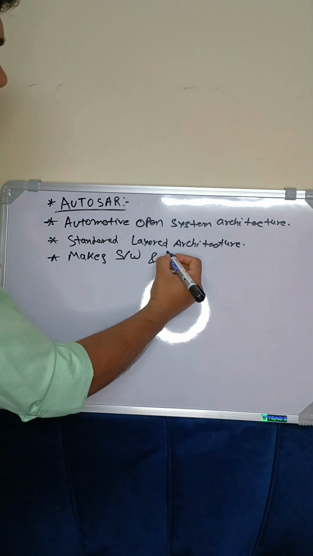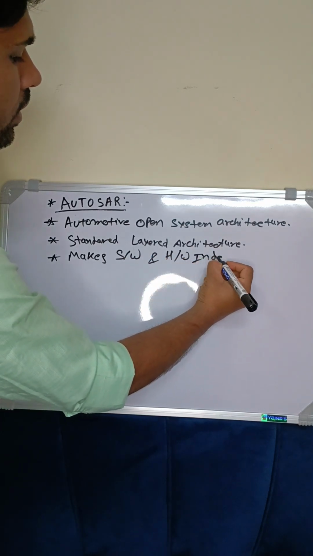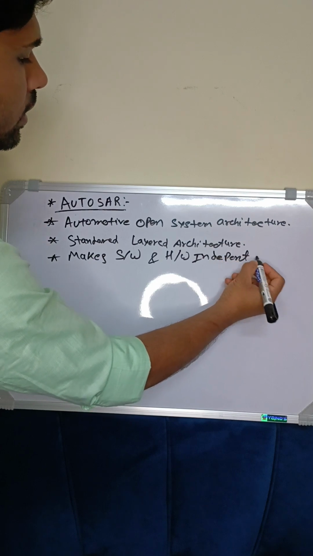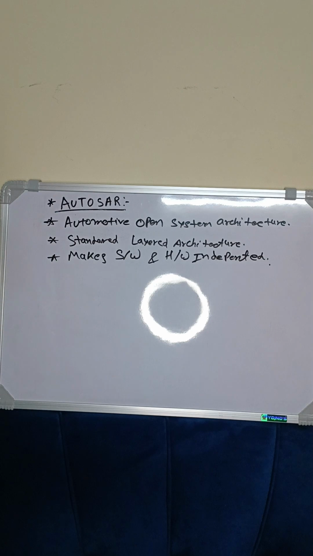So basically, it is the Automotive Open System Architecture, it is a standard layer architecture, and it makes software and hardware independent. So this is known as Autosar.